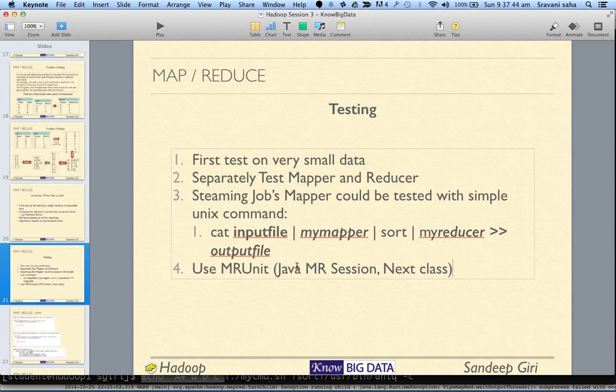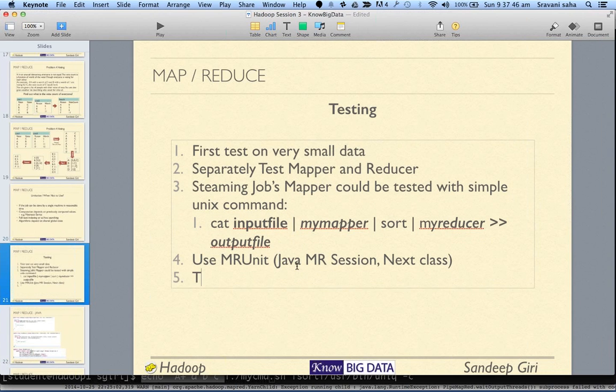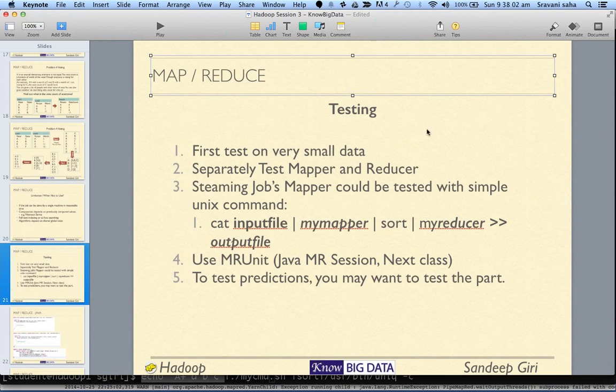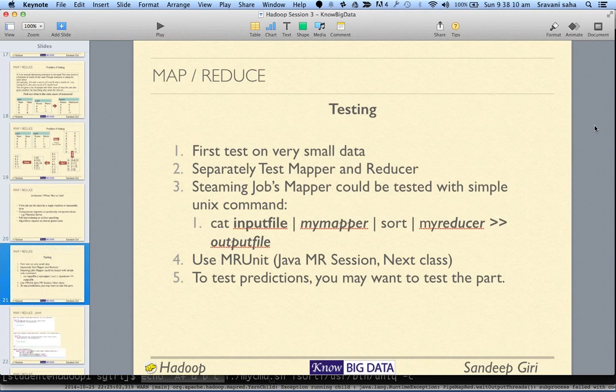Okay, so there is one more point I wanted to make. To test predictions, you may want to test the past. Although it is not related to MapReduce per se, but in general, whenever you are doing testing on big data, the testing itself is a mammoth task.